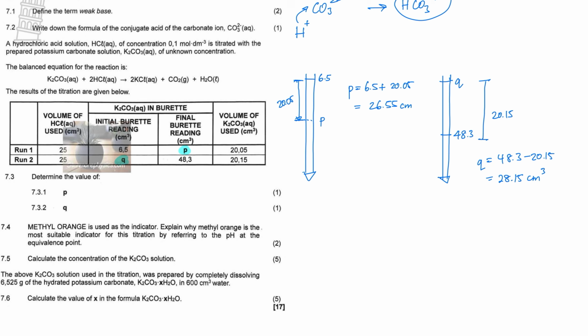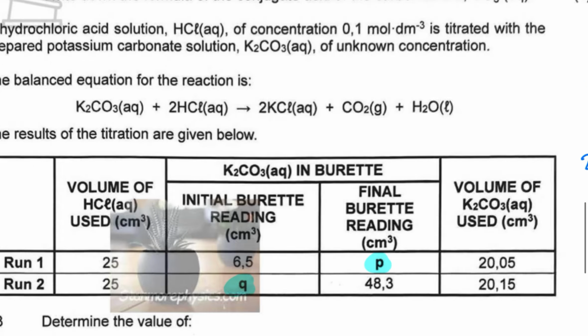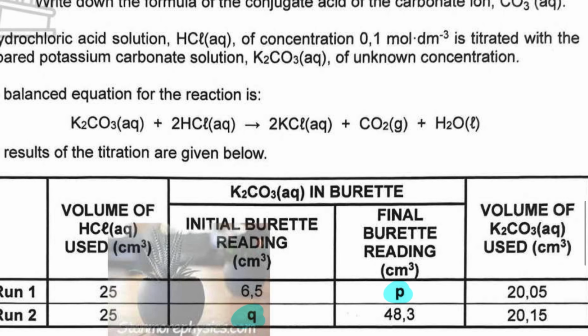So 7.4, methyl orange is used as an indicator. Explain why methyl orange is the most suitable indicator. If you look at the reaction, HCl is a strong acid, and K2CO3, they tell us, is a weak base. So a weak base and a strong acid will give us a salt that is acidic.